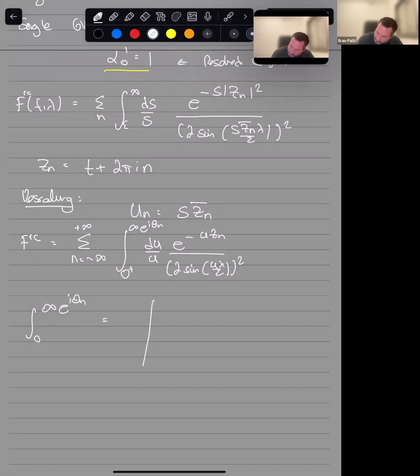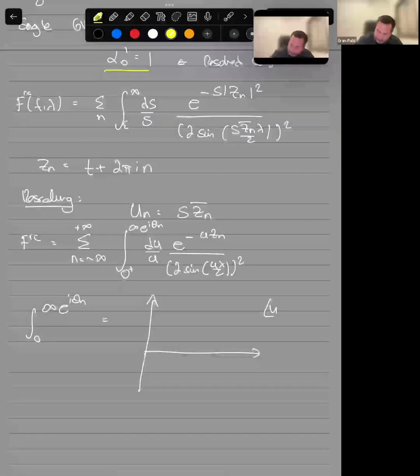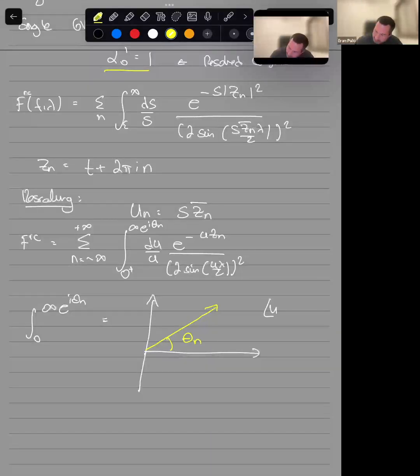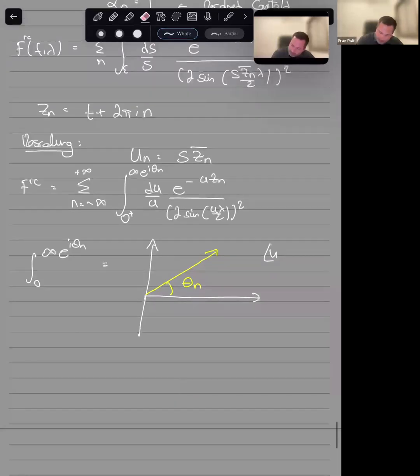If we think about the u plane here, then we have to integrate over a line like this, where this is the angle theta n. What is this angle? Well, u is s times z bar, so that's s.